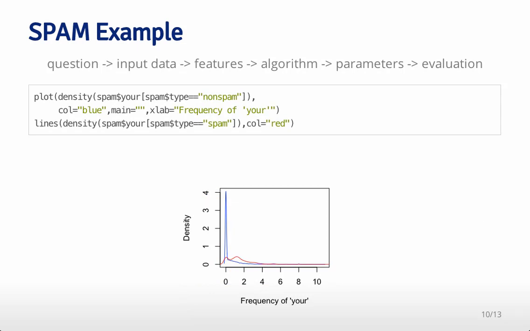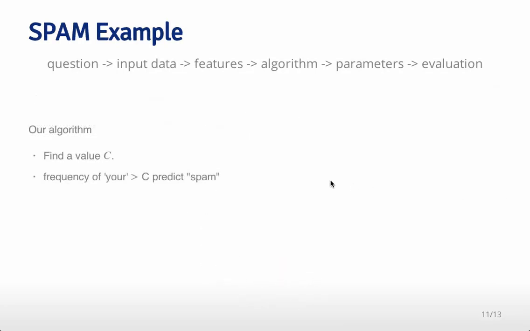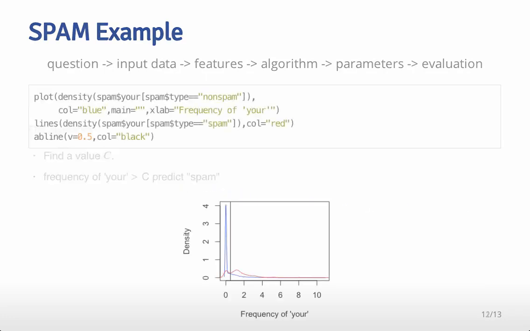So we can build an algorithm. In this case, let's build a very, very simple algorithm. We could estimate an algorithm where we want to just find a cutoff, a constant c, where if the frequency of "your" is above c, then we predict spam, and otherwise we predict that it's ham. So going back to our data, we could try to figure out what that best cutoff is, and here's an example of a cutoff that you could choose.